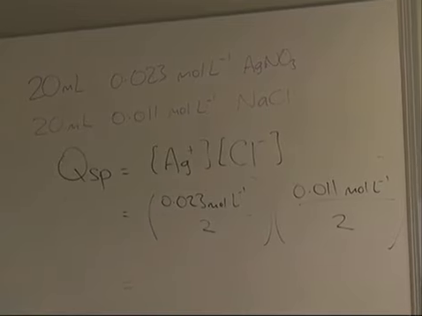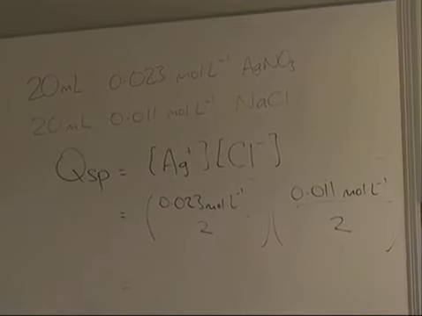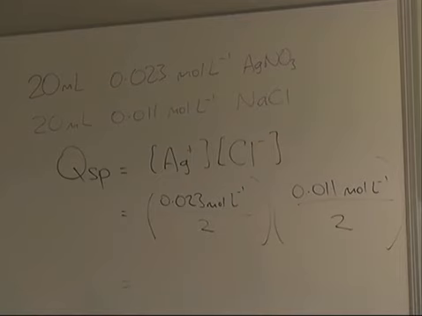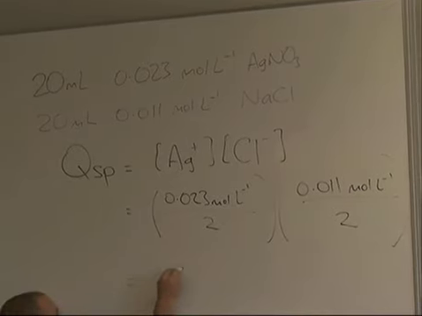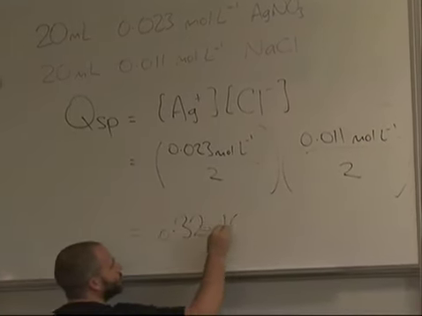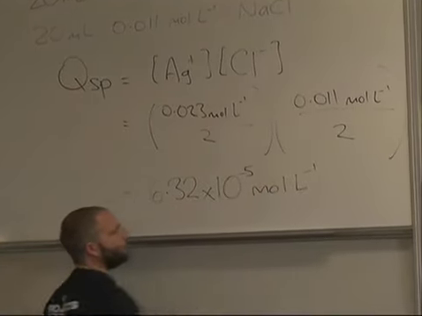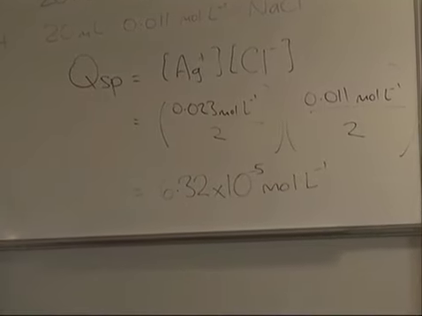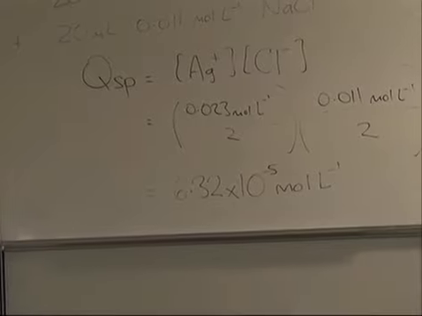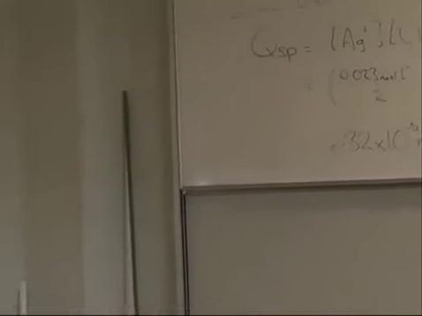I can't do that in my head, so someone's going to have to work that out for me. 6.32 times 10 to the negative 5. Yep. Do you divide both of them because you're adding two volumes together? Yes.